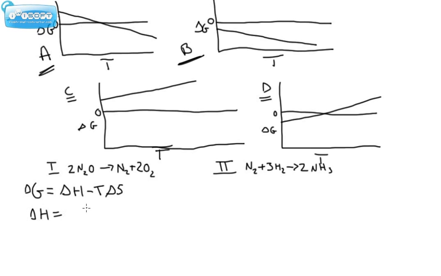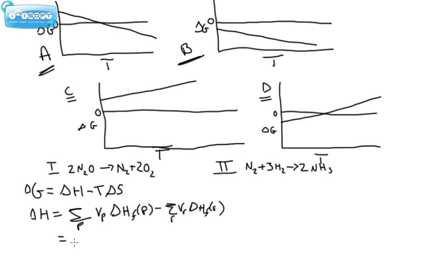We can calculate this using the delta H of formation of each product times its stoichiometric coefficient, so that would be the sum over the products of the stoichiometric coefficient of each product times the delta H of formation of each product, minus the sum over the reactants of the stoichiometric coefficient of each reactant times delta H of formation of each reactant.